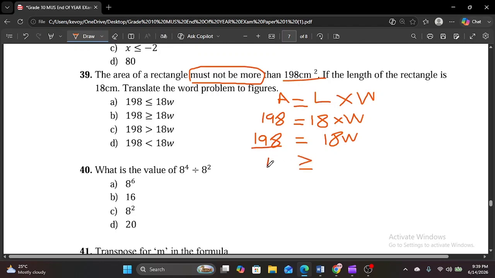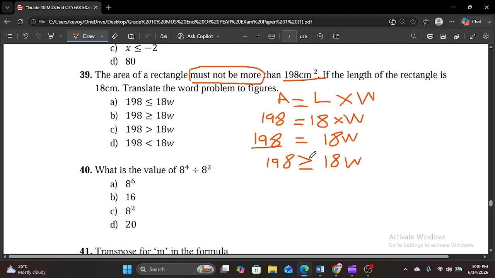So it must be less than or equal to 198. So 18W, length times width, must be less than or equal to 198, because it says it must not be more than 198. That means that it can be equal to 198.